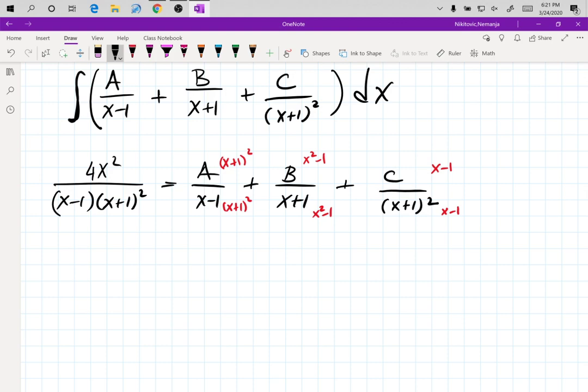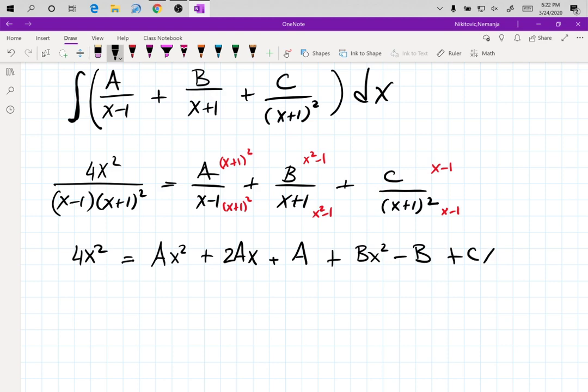Now they all have the same denominator, so we can just focus on 4x squared is equal to Ax squared plus 2Ax plus A, because there will be a 1 there, so it will be A, plus Bx squared minus B plus Cx minus C. There we go.